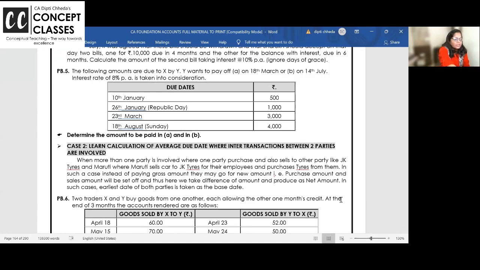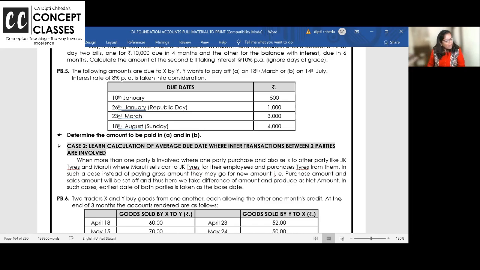Have you done it or not? The 5th problem is homework. Did you do it? See, I messaged you that I'll be starting a little late, so until then you do it. Once you get the average due date, if you pay on 18th March, you want a rebate. If you pay on 14th July, you want interest.